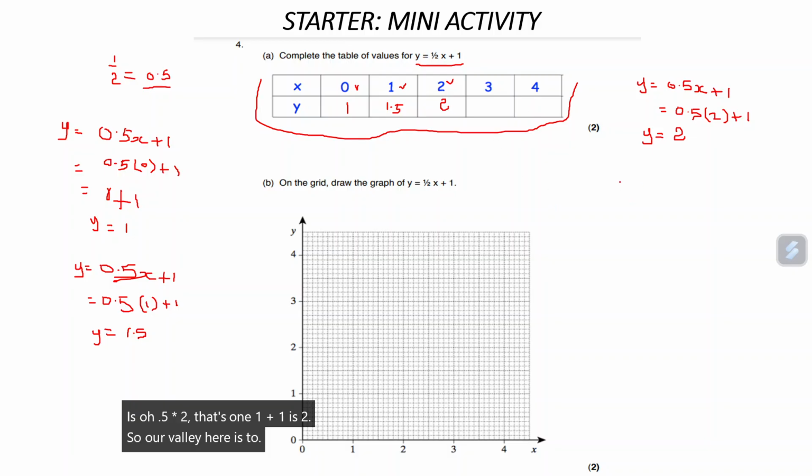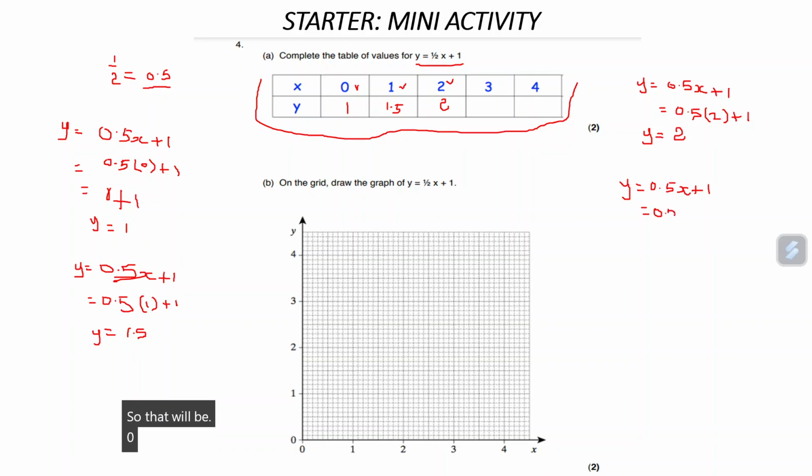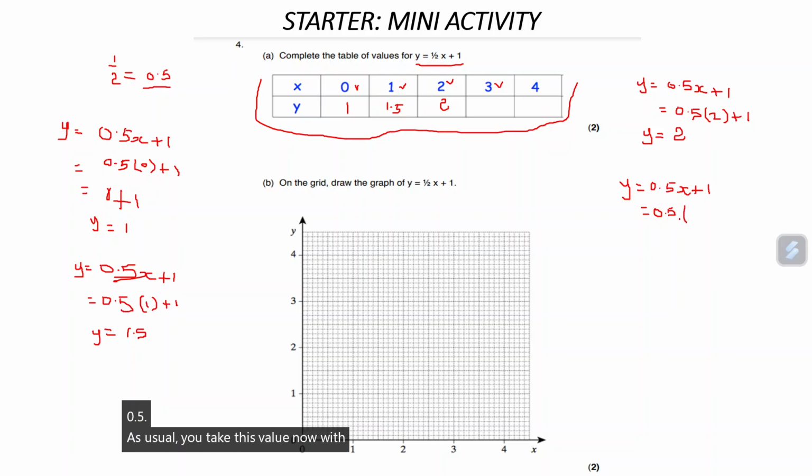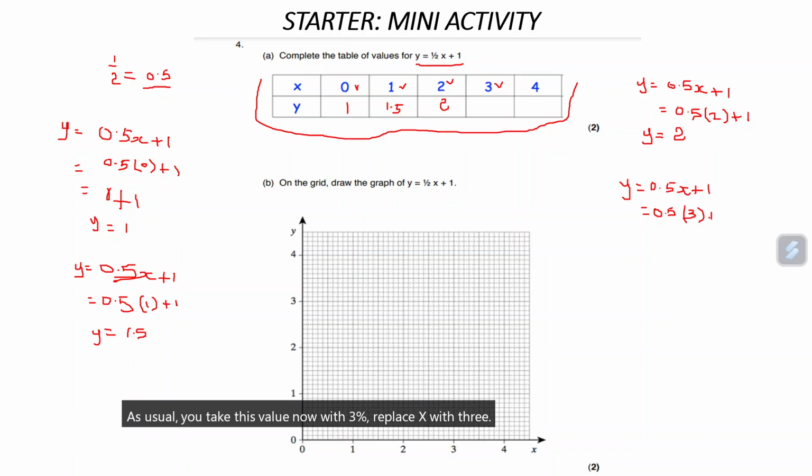Then we take the next one, when y is equal to 0.5x plus 1. As usual, you take this value now, 3, replace x with 3, plus 1.